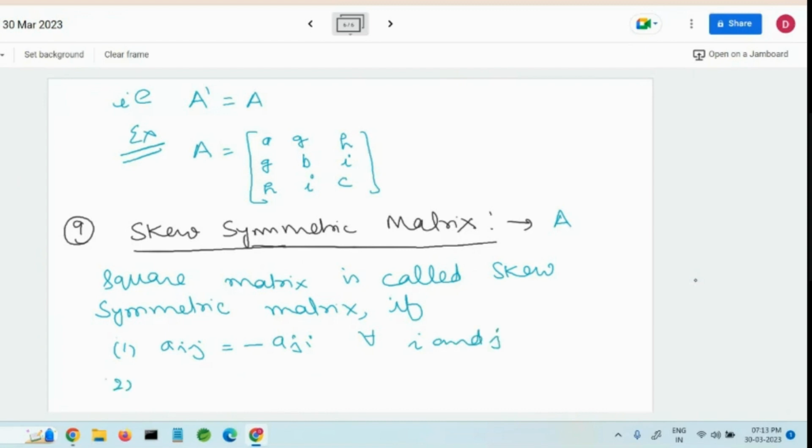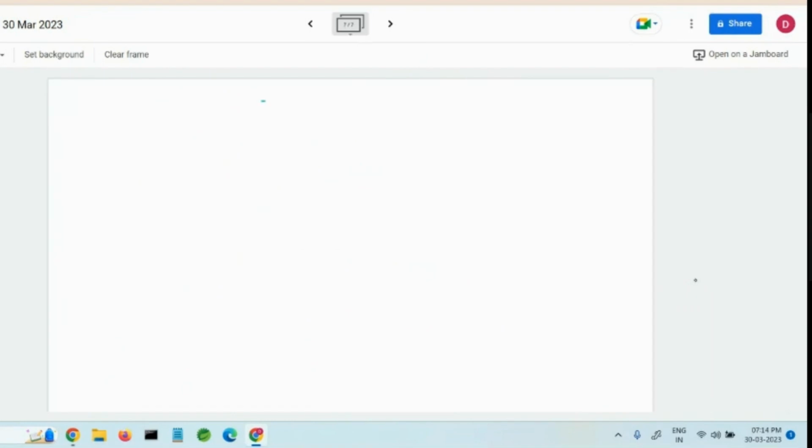And the second is all diagonal elements are 0. This is 0, 0, 0. This is minus H, H. This is G, minus G. This is F, minus F.